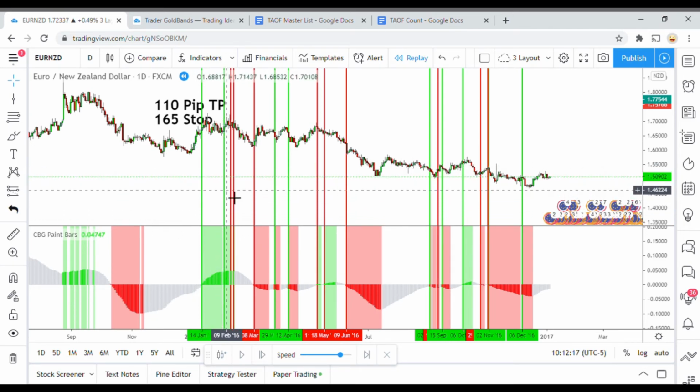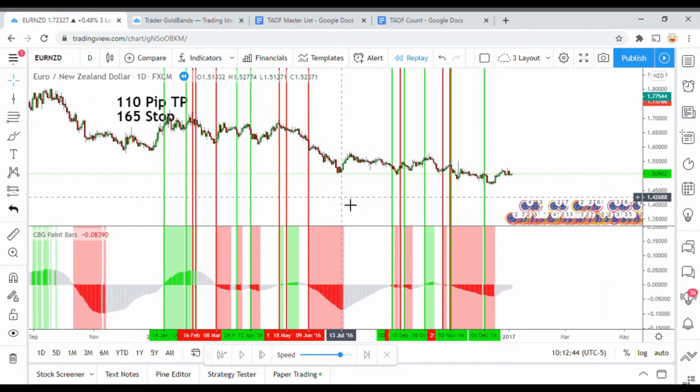So we have 1, 2, 3, 4, 5, 6, 7, 8, 9, 10, 11, 12, 13, 14, 15, 16, 17, and 18. So we have 18 signals all together, and we have 1, 2, 3, 4, 5, 6, 7, 8, and 9 wins.